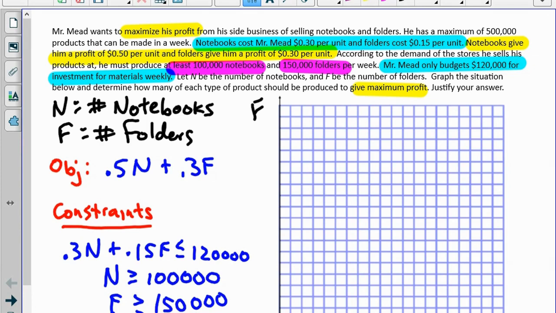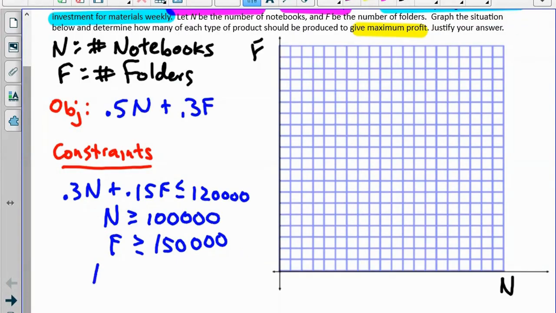And then finally, we also have a maximum of 500,000 products that can be made in a week. So that results in another constraint. That means the total number of notebooks and folders must be less than or equal to 500,000.